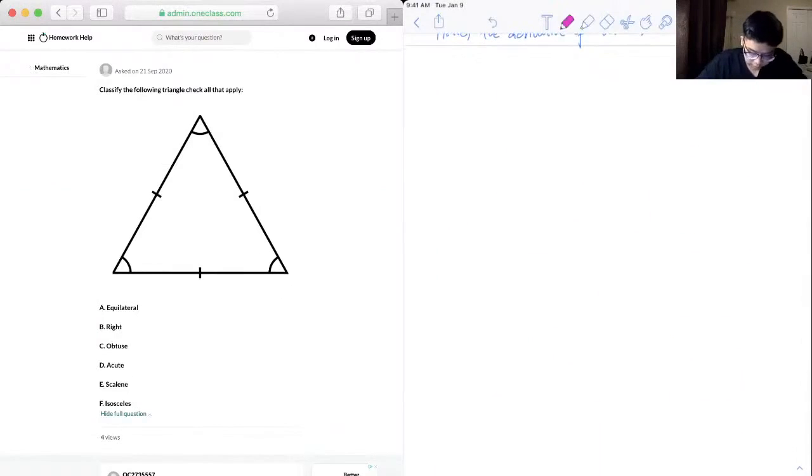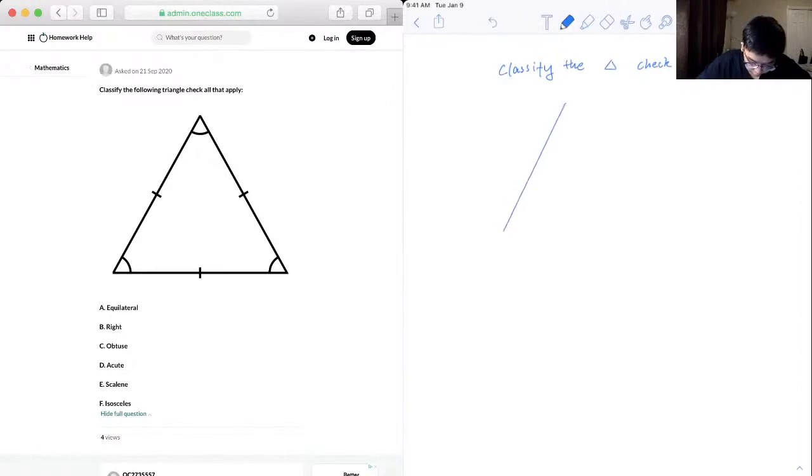So next question, we need to classify the triangle, checking all that apply.